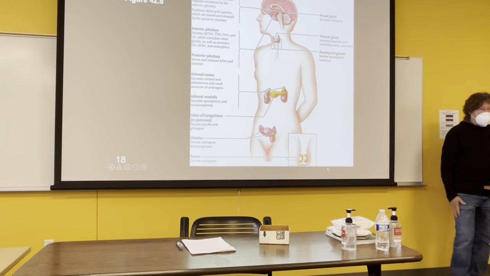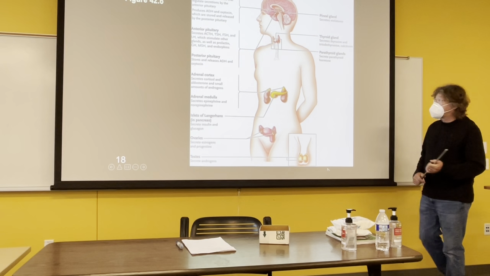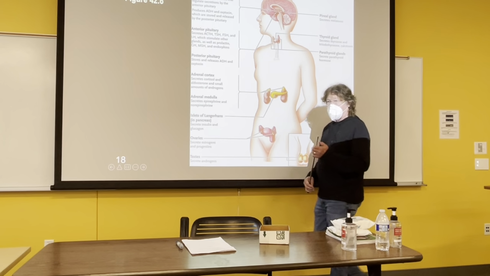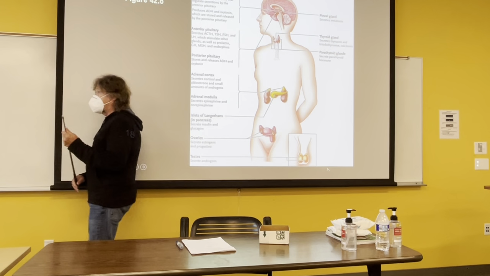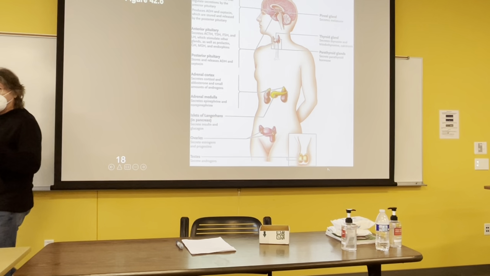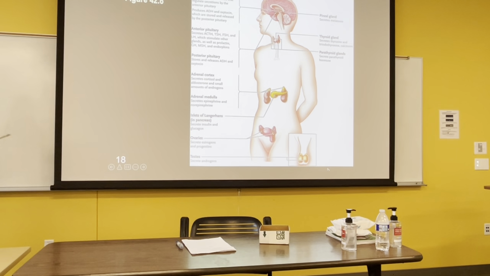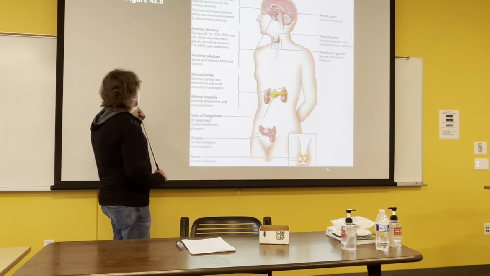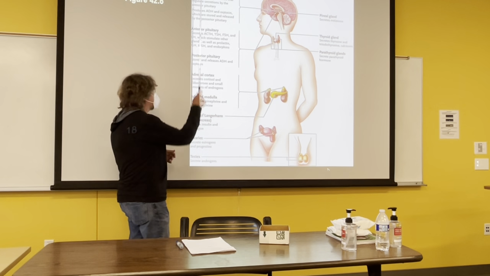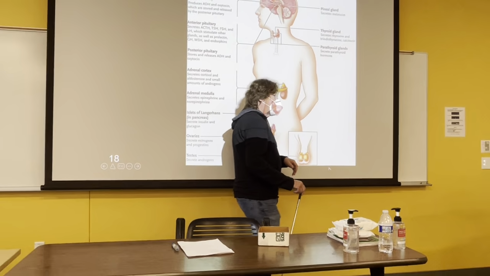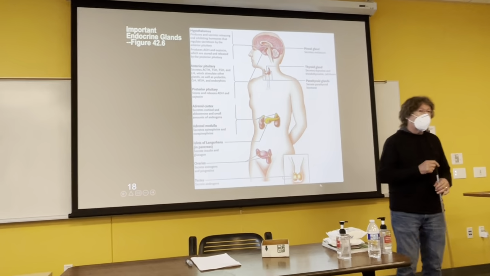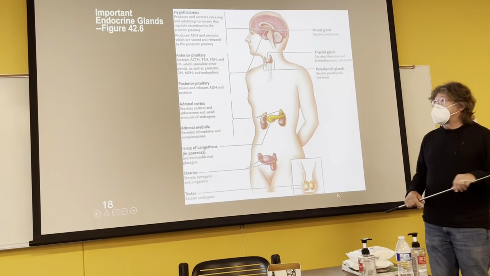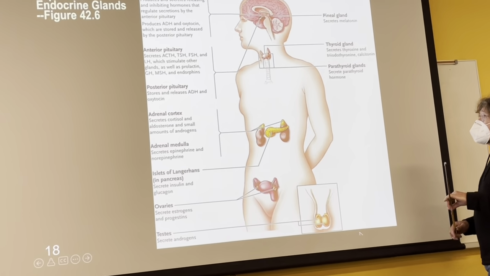All right, so now looking at the major endocrine glands. Now, these endocrine glands produce a large number of hormones, and we don't have time to discuss them all. We're just going to go over the more important ones. Important parts here include the hypothalamus. That's the base of the brain. It controls a lot of homeostatic properties inside of the body.